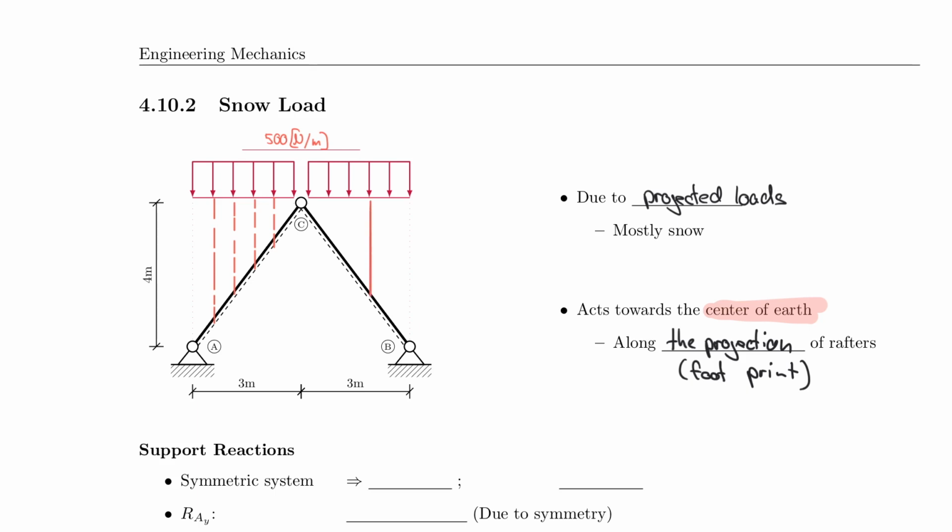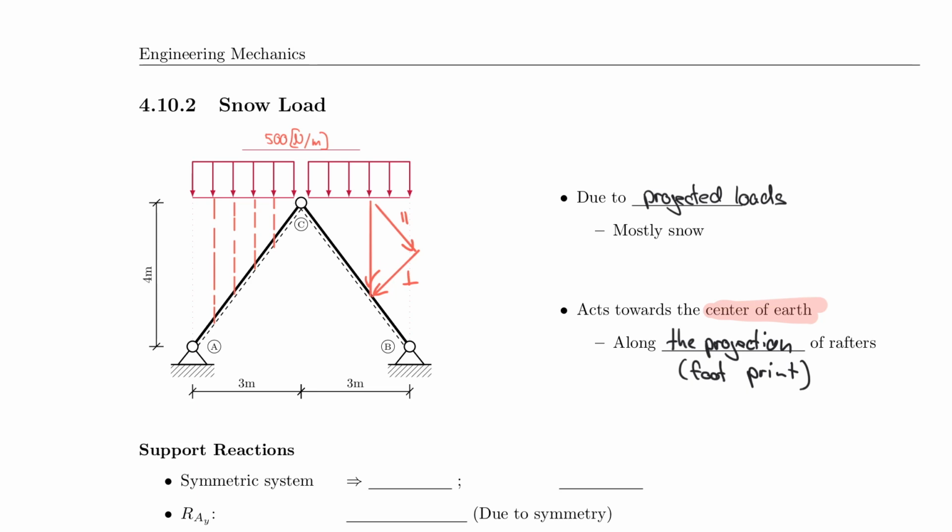Of course, ultimately, we want something that's perpendicular to the rafter and something that is parallel to the rafter. So that would be here. So we have such a force system, and this would be the parallel component, and this would be the perpendicular component. And once I broke that down, then I'm actually at the same case that I had before.